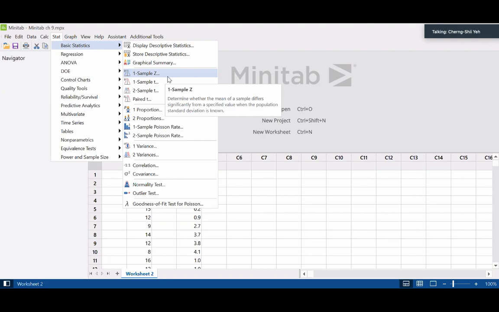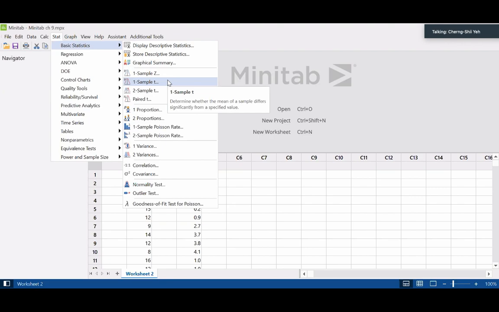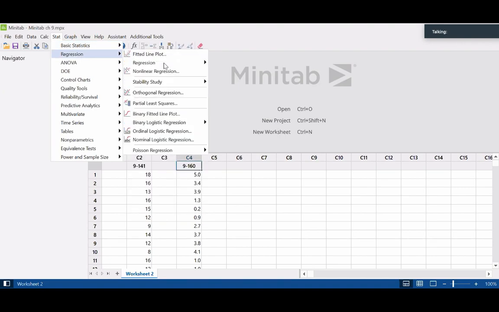If the population standard deviation is not given, we'll do a t-test. Two sample t and paired t are chapter 10. We'll go over that in chapter 10. So the only one that is not going to be under basic statistics is our chapter 11, regression. Okay, we'll get there in 2 weeks.